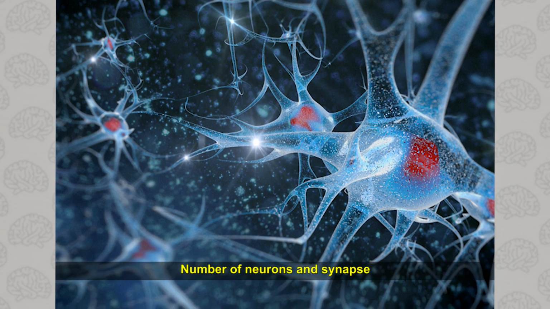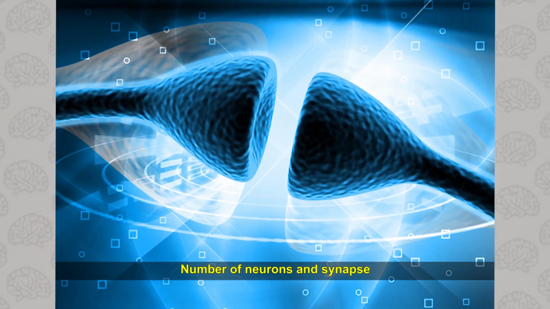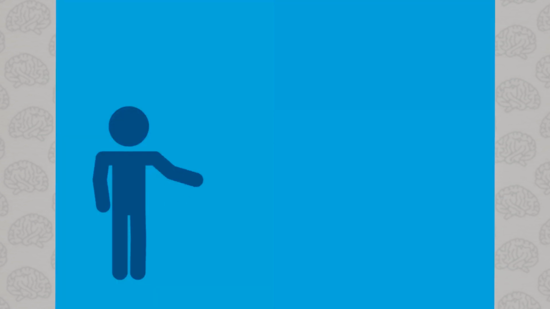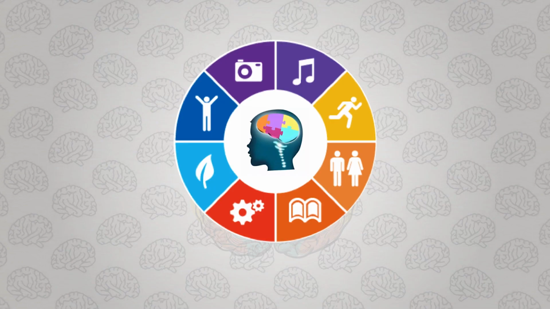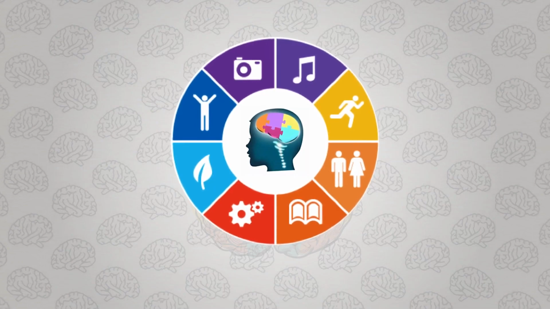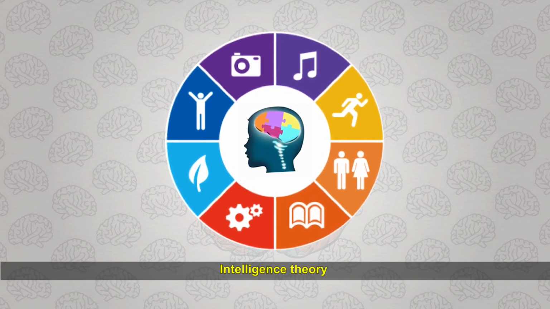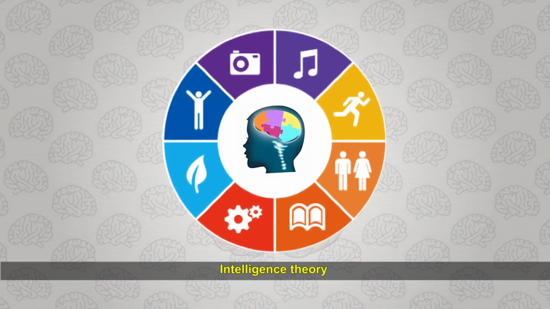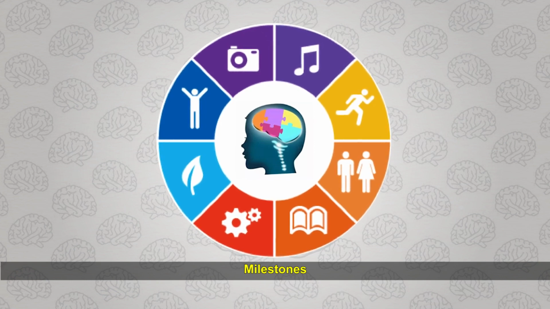Is it possible to count the number of neurons or synapses that a child establishes every day? Certainly not. Then how do you measure a child's progression in mental capacity? The only possible way is to rely on certain intelligence theories and to countercheck the said milestones with a child's activity.